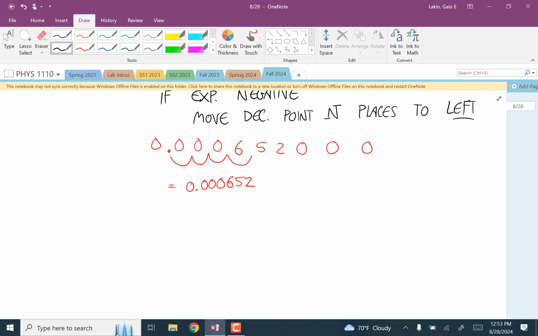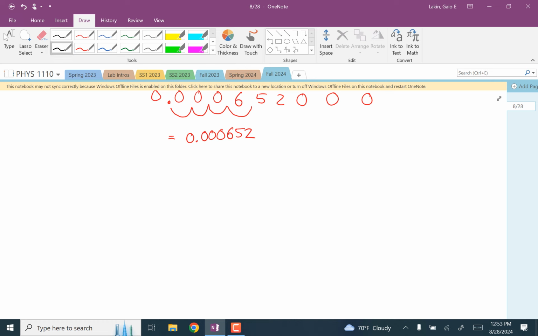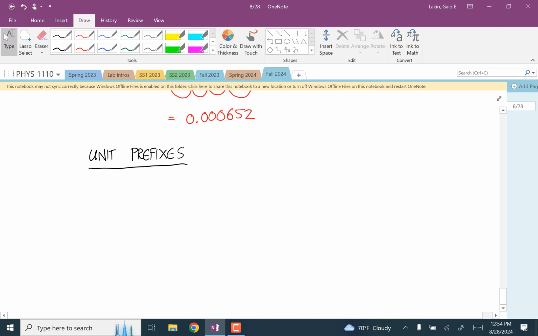Okay, the last part of this units stuff that I need to tell you is unit prefixes. I'm going to give you just the ones that we're going to see.